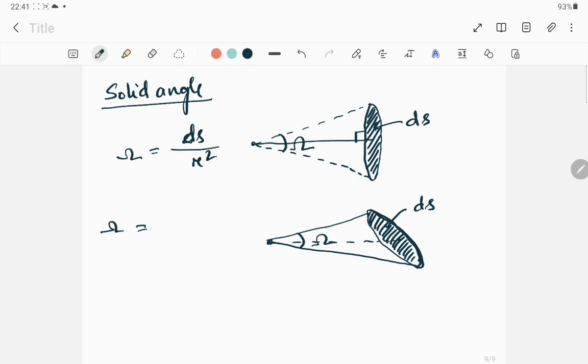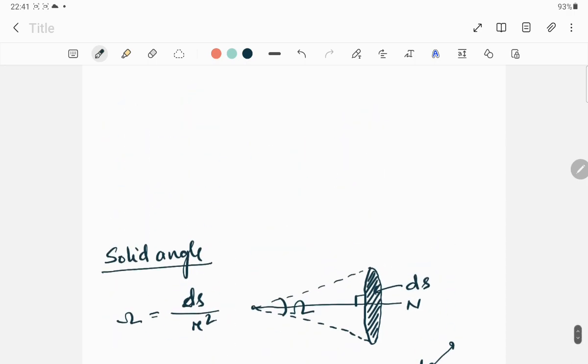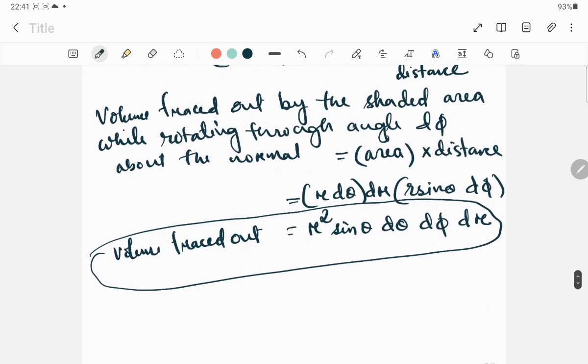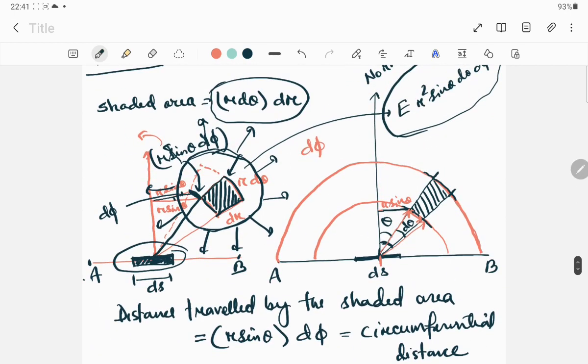In this case, the solid angle is, instead of ds, we write ds cos theta by r square, where this is the perpendicular. So in our case, with respect to this shaded area, ds is in an inclined position, and the angle is called theta.